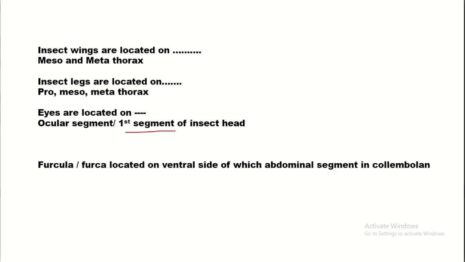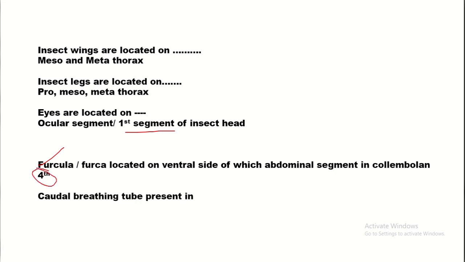Insect legs are located on the pro, meso and metathorax ventrally. Eyes are located on the ocular segment, or first segment of the insect head. Furcula or furca is located on the ventral side of the fourth abdominal segment in Collembolan insects.